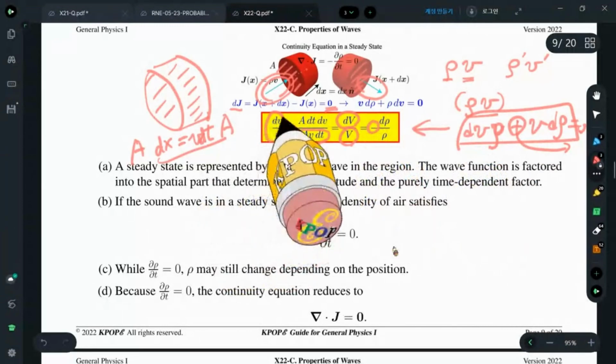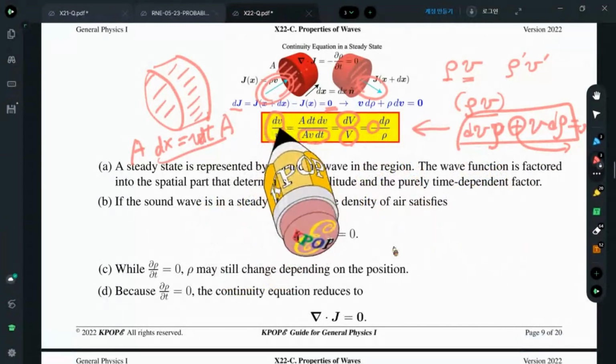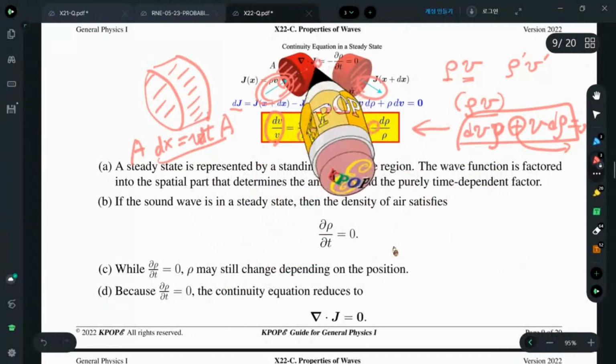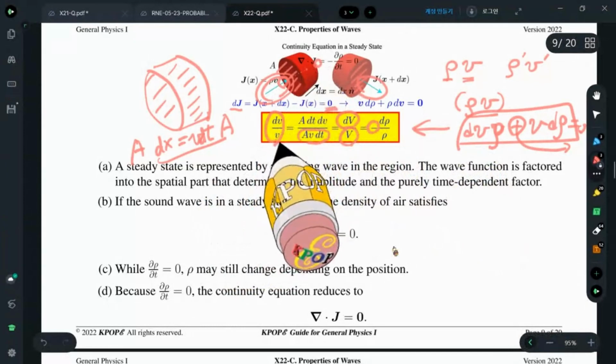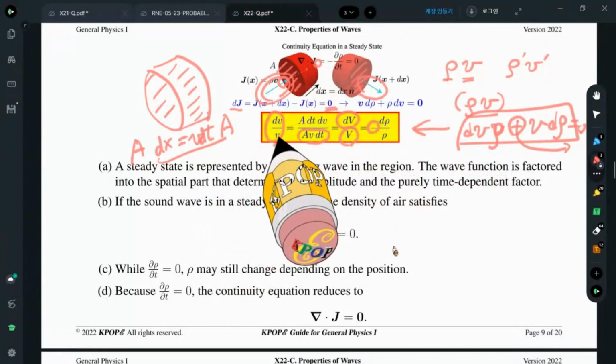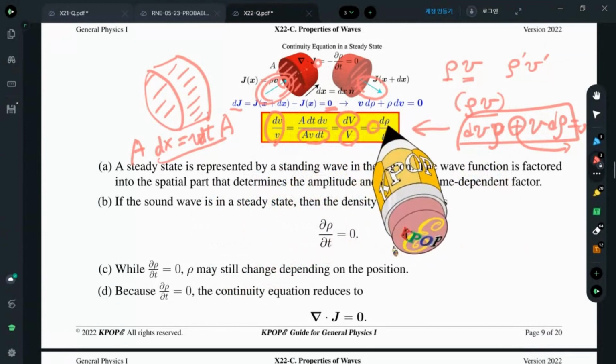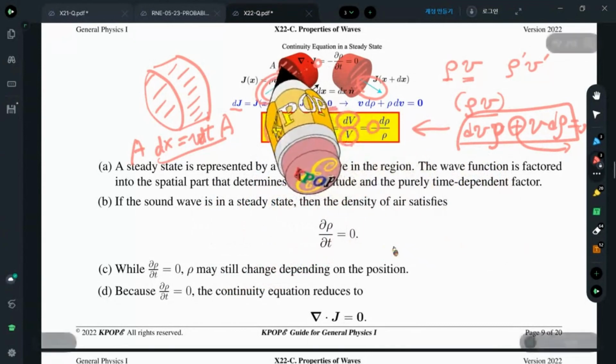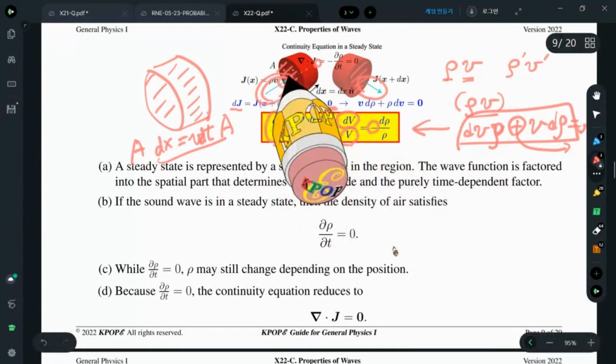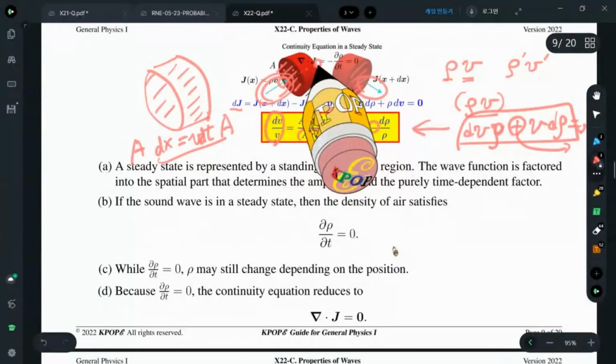So the change in velocity on this side and this side divided by its own velocity is the same as the negative of the change in the density of air molecules on this side and this side.